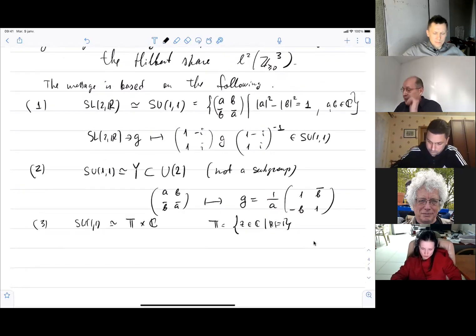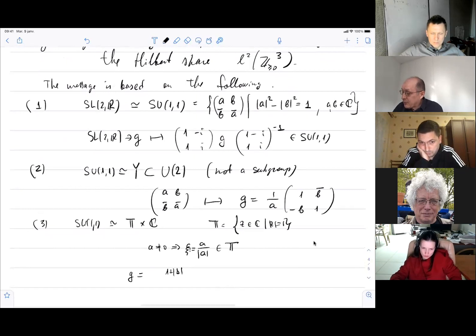Since A is not 0, it means that A divided by its absolute value lives in the unit circle, right? So if I define it as Xi, then G is parameterized by 1 over the square root of 1 plus absolute value of B squared times (Xi, B bar; minus B, Xi bar), right?